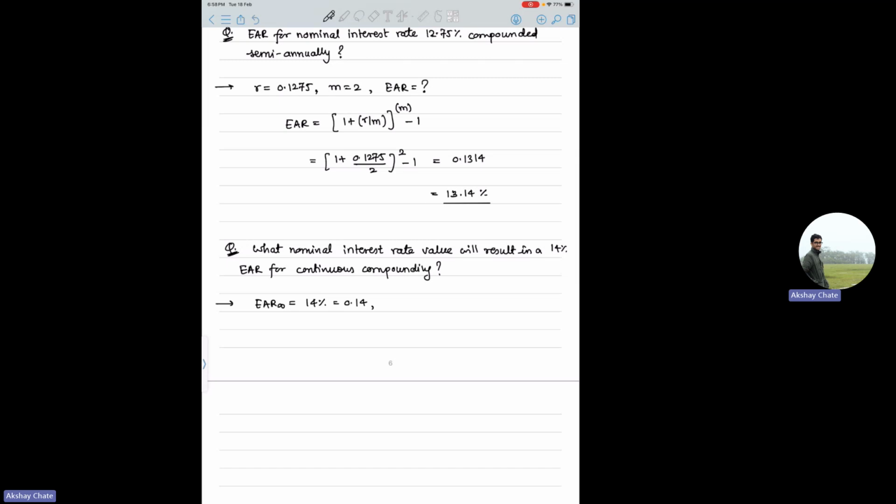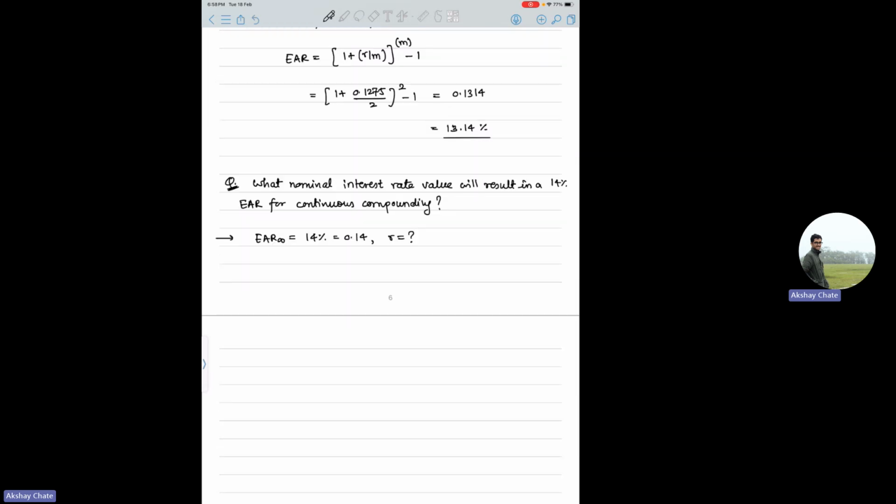Right, and what they are asking is what is the value of R. Okay, so here you should notice one thing, that they have not given you any M and all those things, because it's a theoretical condition or limiting case where M tends to infinity. Okay, so here basically you have the formula of EAR for continuous compounding as e power R minus 1. So basically they are asking what is the value of R for this relation.